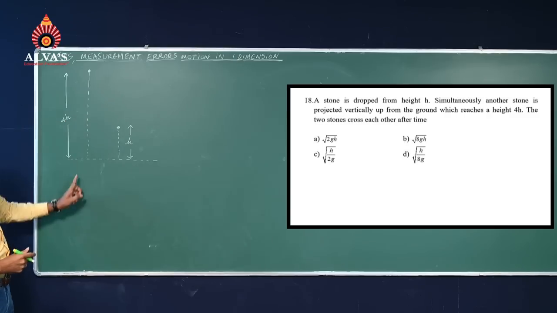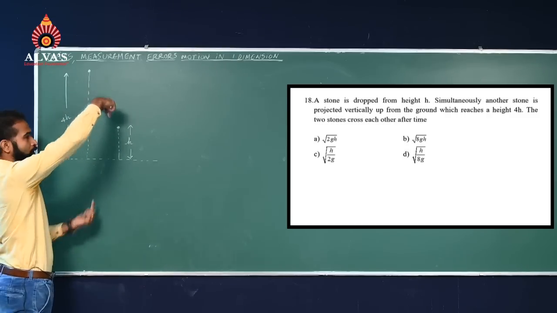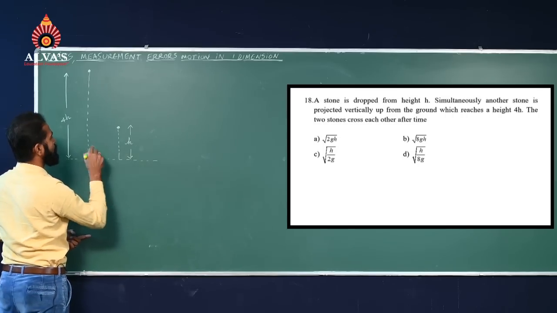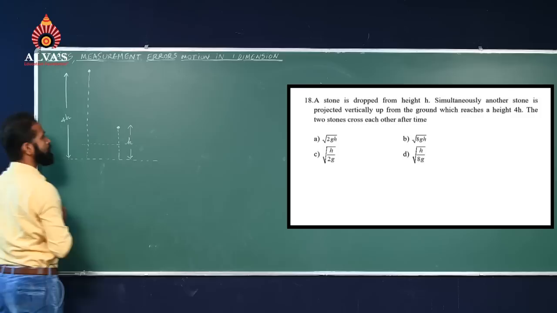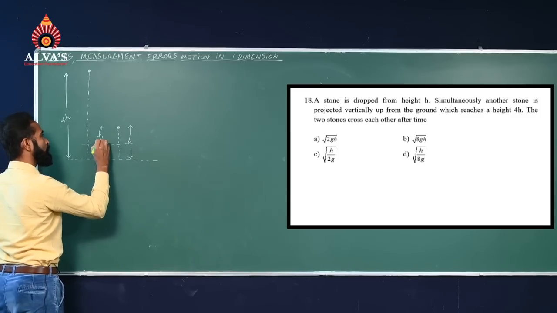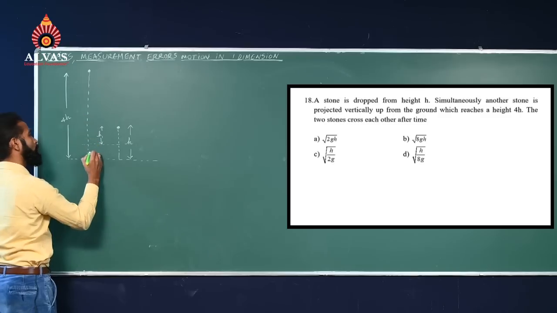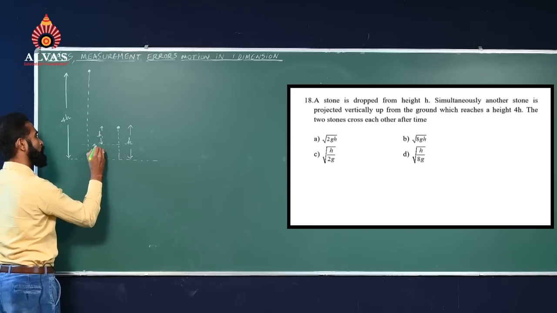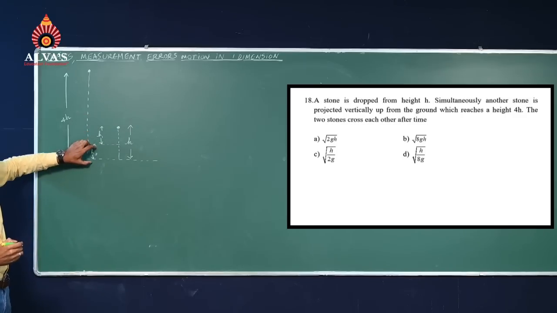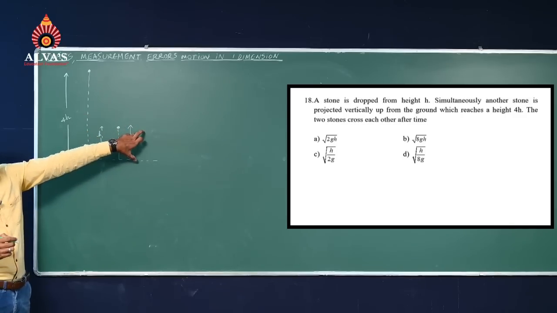When this is dropped, this is projected upwards. So both of them are going to cross at some particular point, maybe over here. So let me take the first stone traveling a distance of h1, and the second stone traveling a distance of h2 upwards, so that the total distance h1 plus h2 is going to become h.